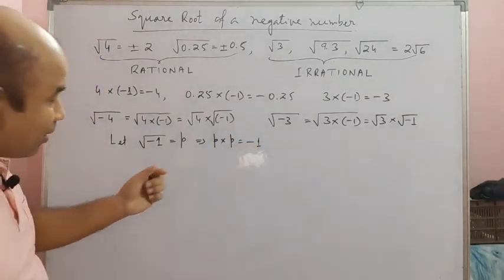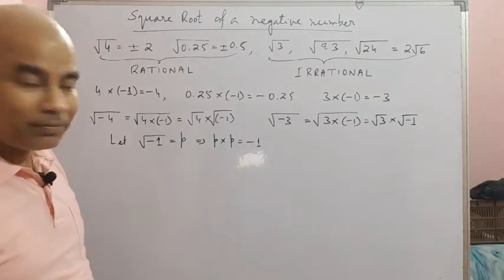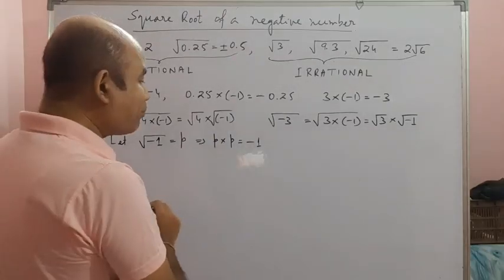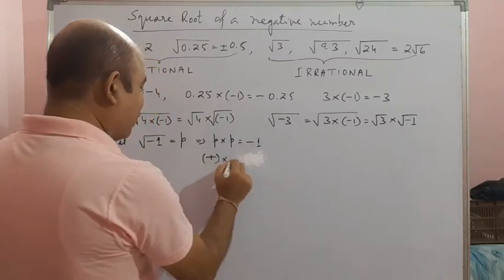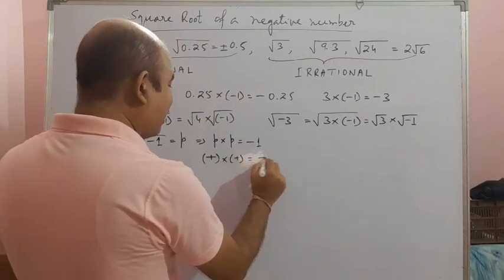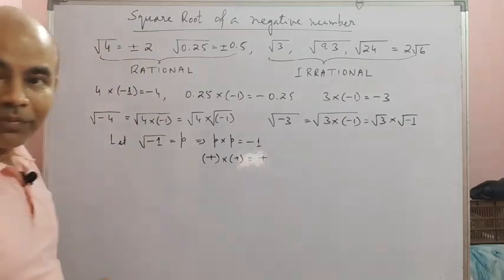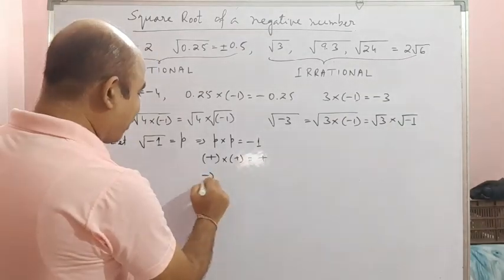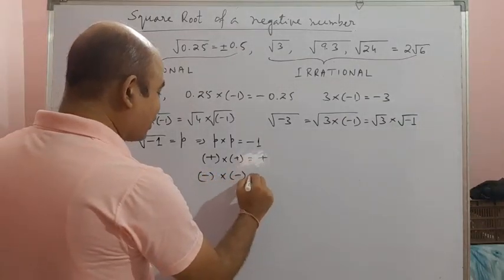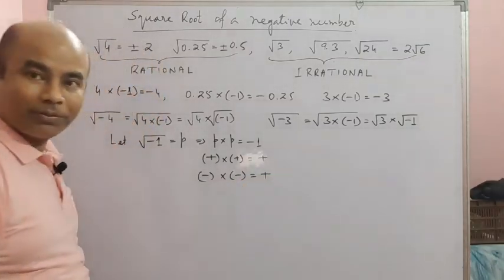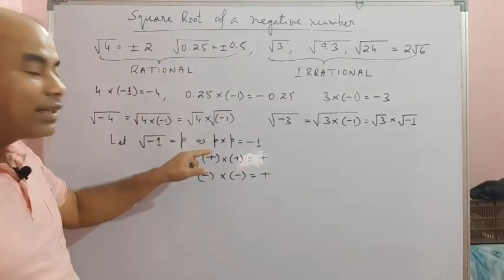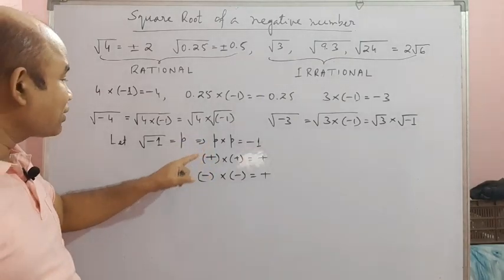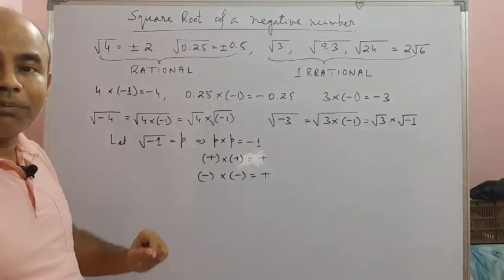So in real life, does p exist or not? If I consider p as a positive number, then positive into positive, the answer is positive. If p is a negative number, then negative into negative, also the answer is positive. So whether p is positive or negative, when you find its square, when you multiply it continuously 2 times, your answer must be a positive number.